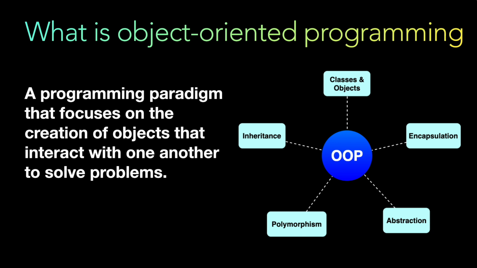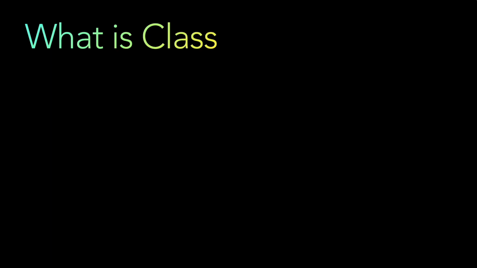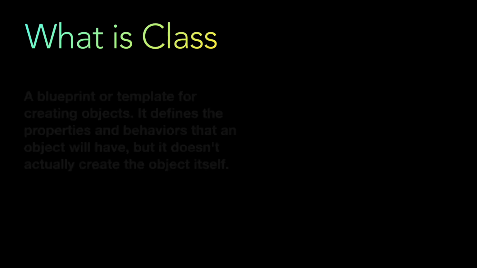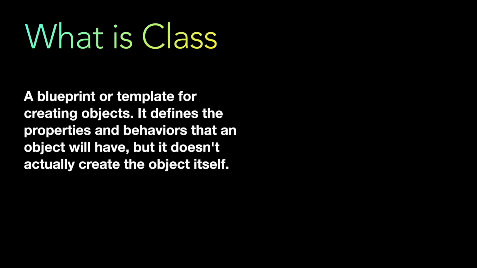So now let's jump into what is a class, right? The first thing that you should know when you are learning about object-oriented programming is a class, right? A class is basically a blueprint or a template for creating objects, right? That is not an object. It is just the blueprint, or the contract, for creating objects.